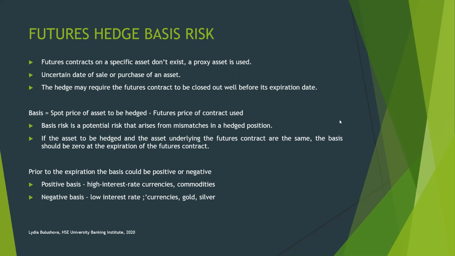Market practice tells us that high interest rate currencies and commodities tend to have positive basis, while low interest rate currencies, gold, silver, tend to have negative basis. What does it mean they tend to?